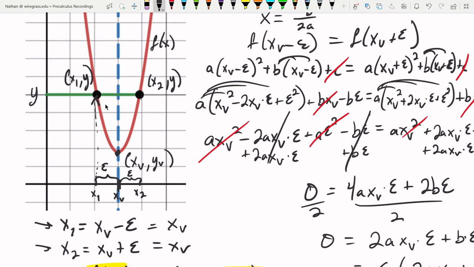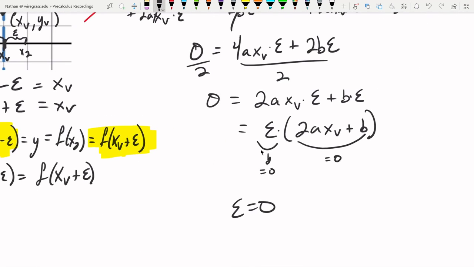That just means that both of these points are going closer and closer until they're actually the vertex. That's all epsilon equal to 0 means. And that's not what we want. We don't want the two points to be the same point. We want them to be different, because if they're the same point, then all this is pointless. So epsilon equal to 0 is not what we're looking for.